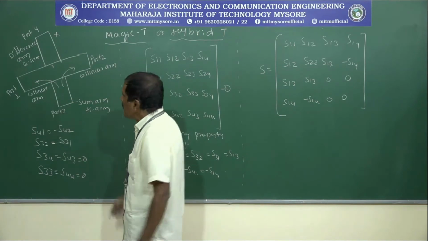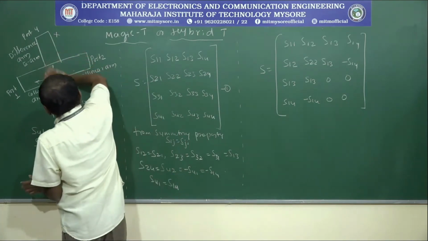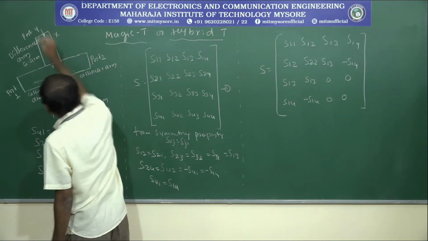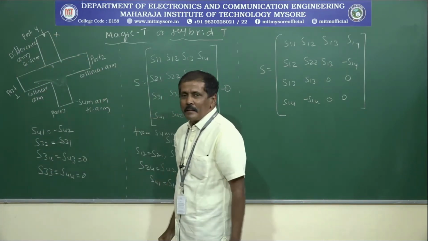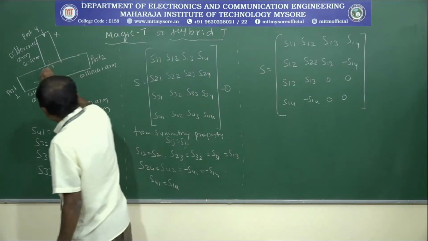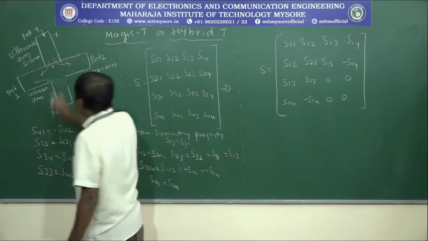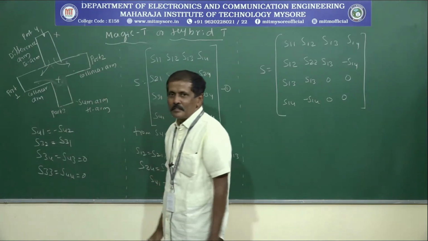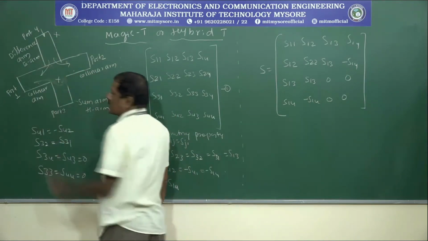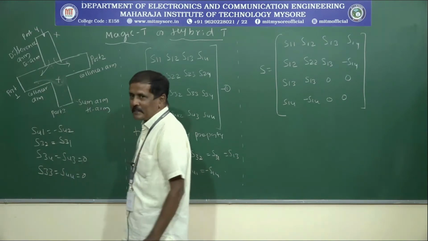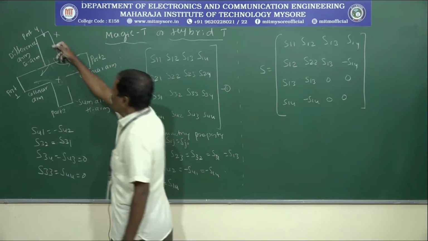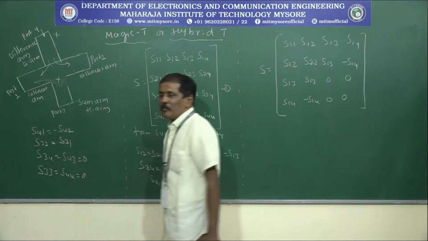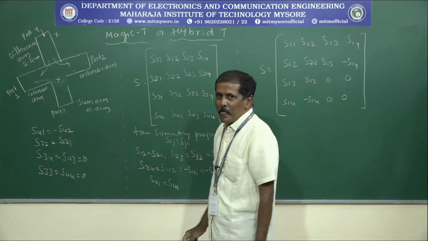Second case is that if you apply the input to this, then the signal will move in this direction and in this direction, and it will not affect anything on this. Whether you are applying the signal at port number 4 or port number 3, they will not interfere with each other, but the signal will pass only between port 1 and port 2.